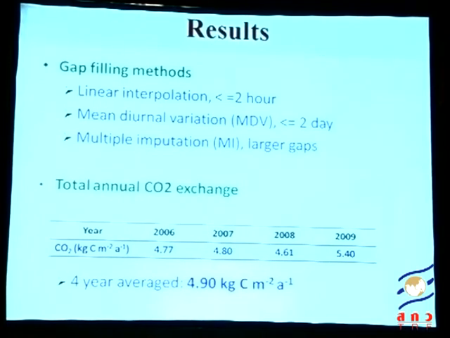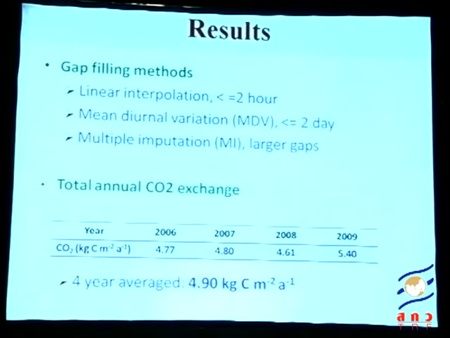But this was used for natural ecosystems, like grassland, without a high canopy layer, and some argue whether this method is suitable for urban areas. I just want to say that until now we cannot find a more suitable gap-filling method for the urban canopy layer, so that's why we still use this.